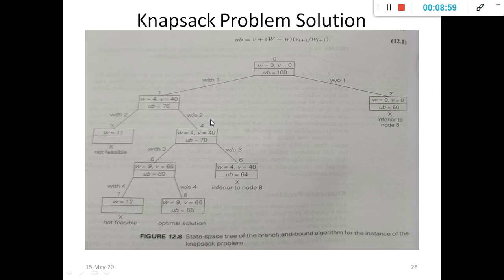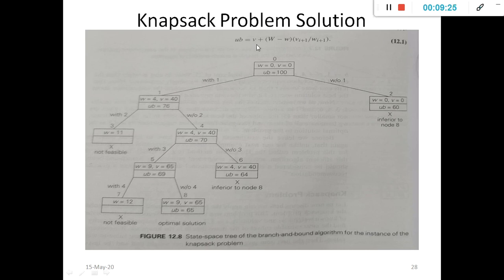When you are not placing item 2 into the knapsack, the weight value is 4 and the value is equal to 40, as at node 1. W is 4 and the value is 40, and you will get the new upper bound as 70 by considering the ratio of the third item.